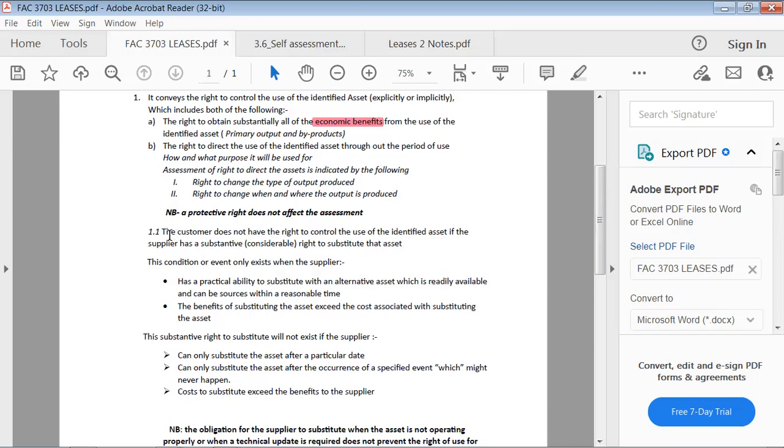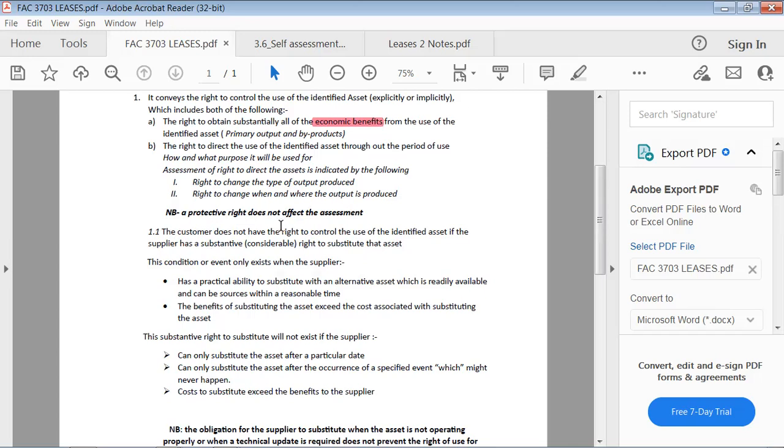Before we go into 1.1, there is what they call a protective right, which does not affect the assessment of whether you have the right to control, or let's say the supplier has the right to control the asset. For instance, if I have an Uber company and I give you my Uber vehicles, then I restrict you.